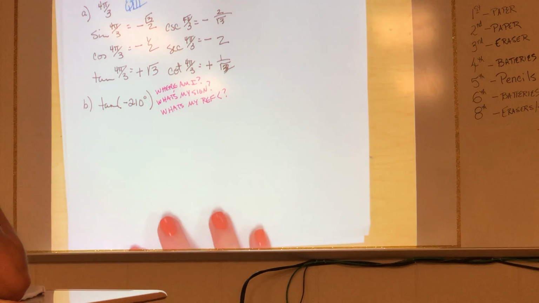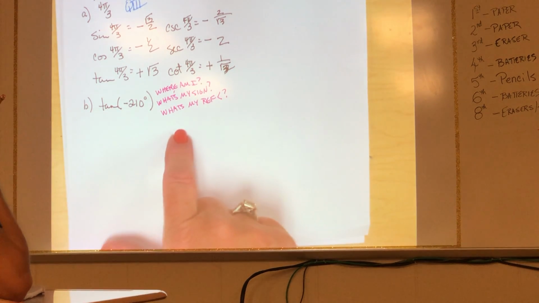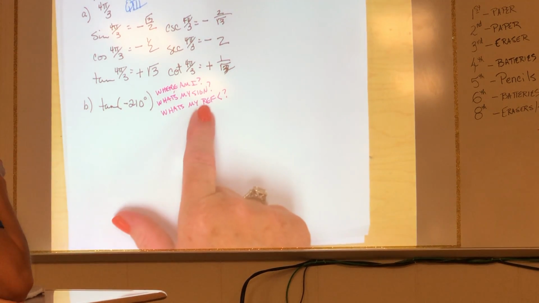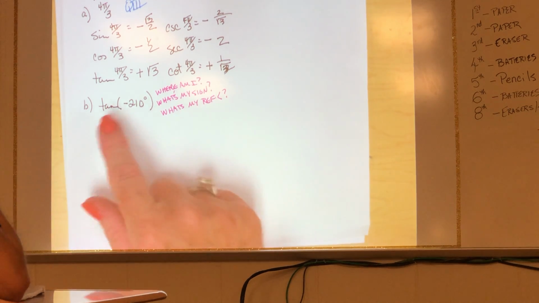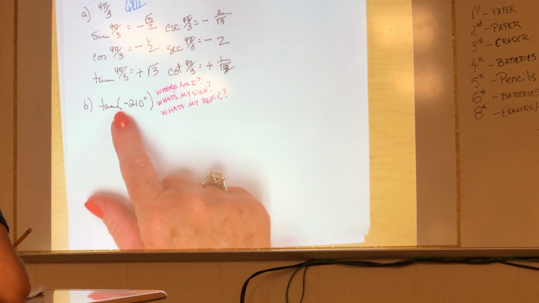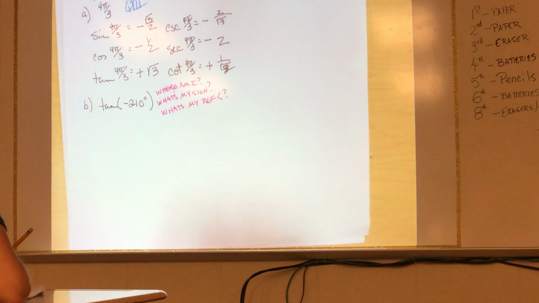Those are some things that are going through my mind. Why do I need to know the reference angle? Because the tangent of the reference angle is the same thing as the tangent of this angle, with the exception of where it is and whether it's positive or negative. So you work that problem. I'm going to give you about a minute.